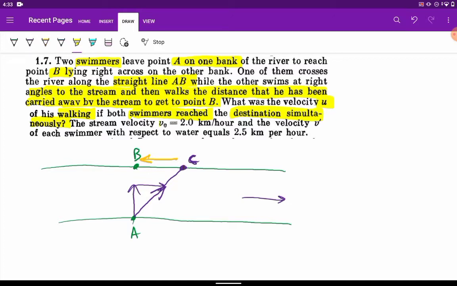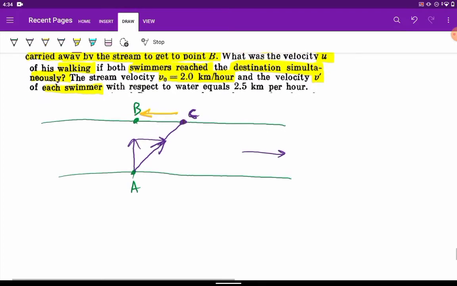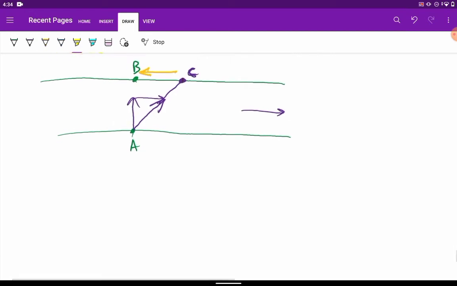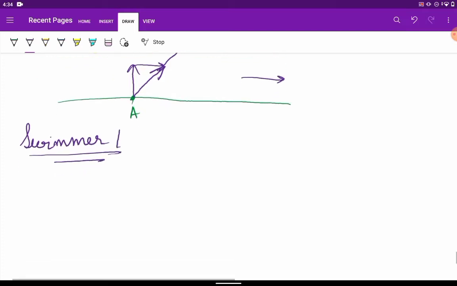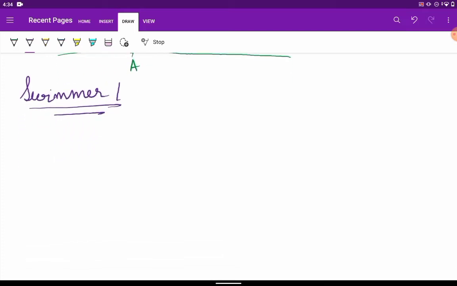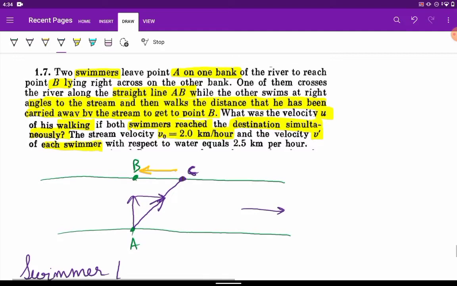Stream velocity v0 is given, and the velocity of each swimmer with respect to water, v dash, is given. All right, so now let's consider swimmer 1. The resultant direction is from A to B, but it tries to swim in this direction initially, in some oblique direction, with a velocity magnitude of v dash.